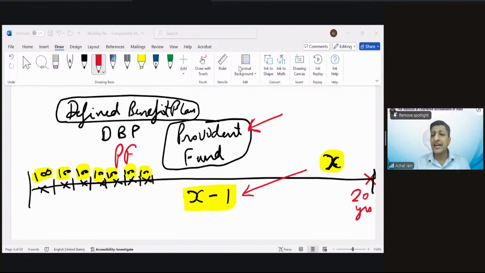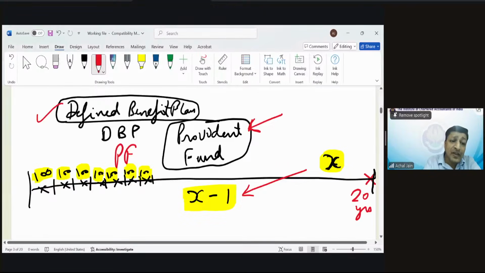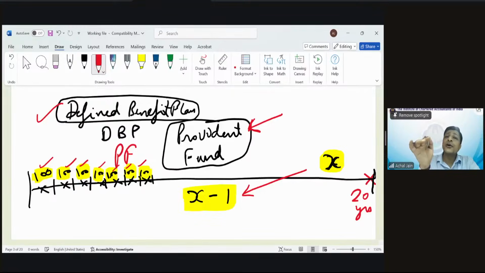So such a type of employee benefit, in which case any future liability falls on the employer, and risk around any such shortfall continues to remain with the employer, what do you call it? Defined benefit plan. Even though the contribution is made each year, the risk continues to remain with the employer.